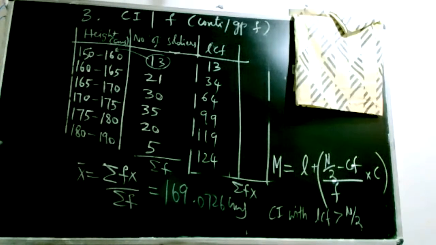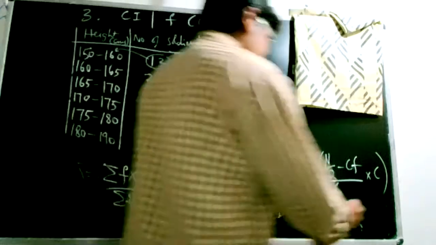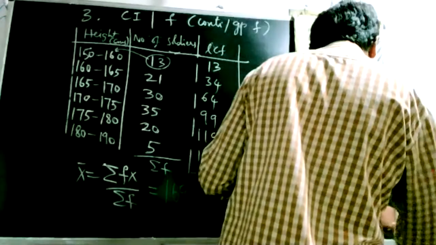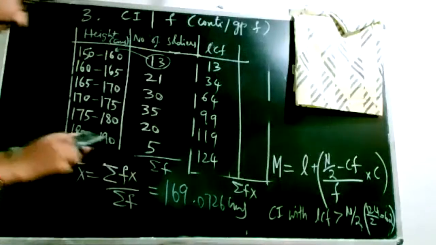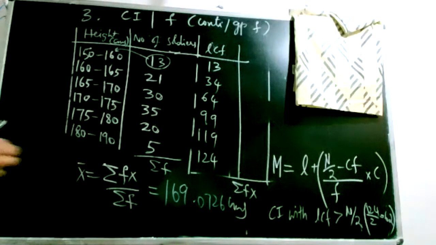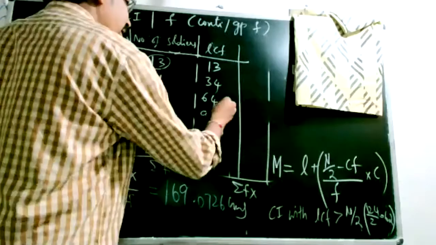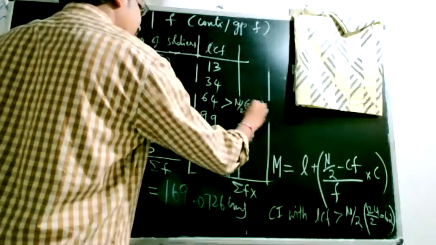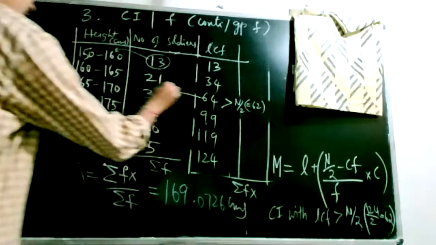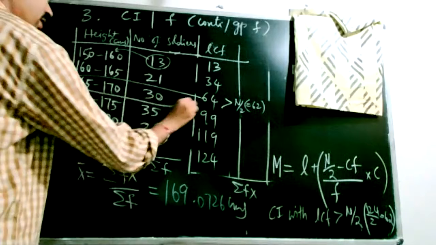Total frequency is 124, right? So n by 2 is nothing but 124 by 2, which comes to 62. So I have to pick the LCF greater than 62. So the LCF greater than n by 2, which is 62, is 64, and identify that particular class interval.